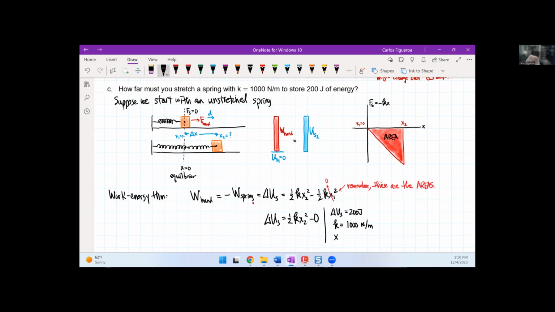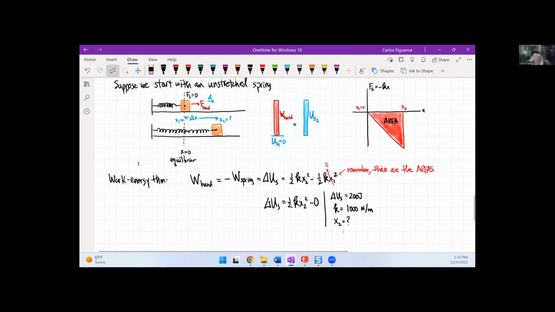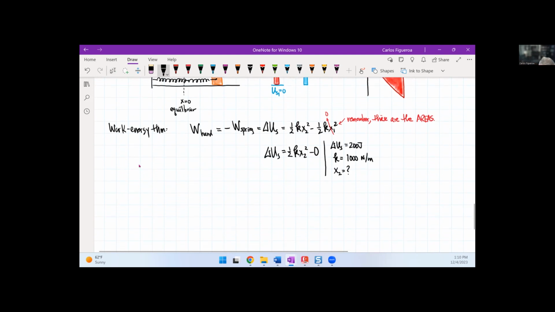So what we're solving for is what is x2? So let's go solve for this. Now I need to isolate x2 from this equation. And if I look at that, you can see here that there's a square root. So when I look at this, the square root of 2, I have to have a square root.